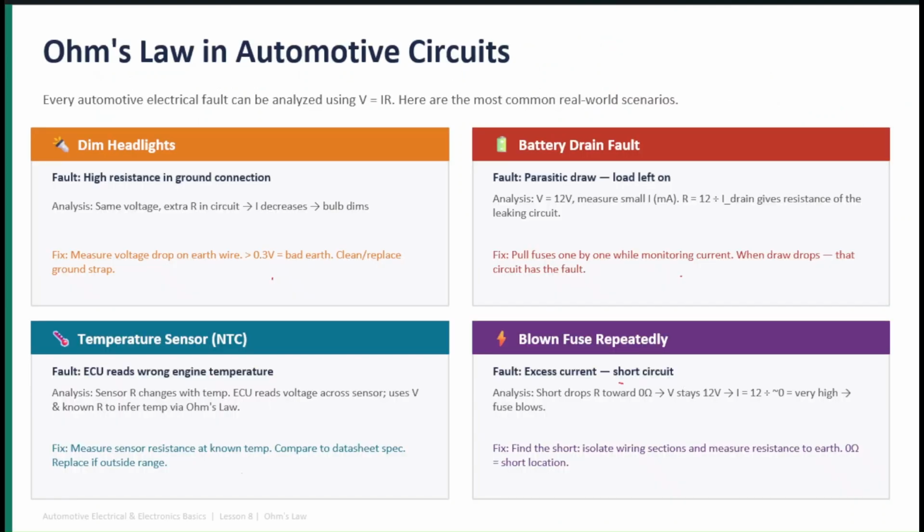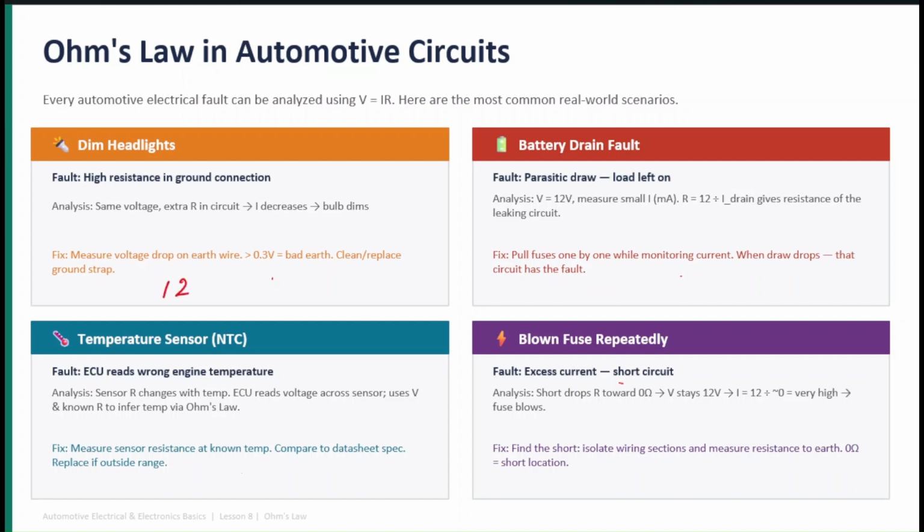Now what is an application of Ohm's law in automotive circuits? We understood that voltage and current are dependent. In a circuit like a headlamp circuit, let us understand it.